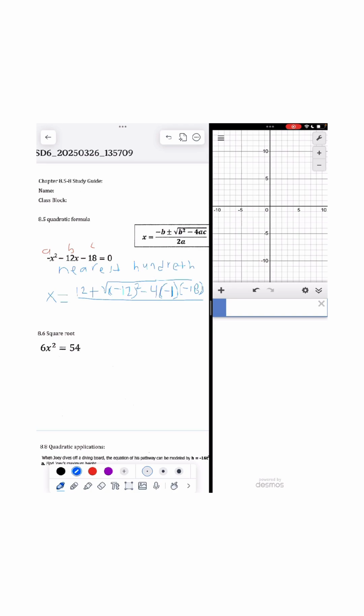And all that's going to be divided by 2 times negative 1.